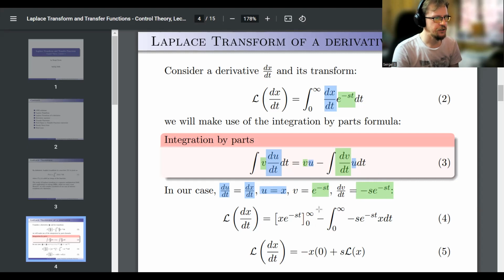Let me just note, u is x, and v is e to the power st. Okay, so this is this part.